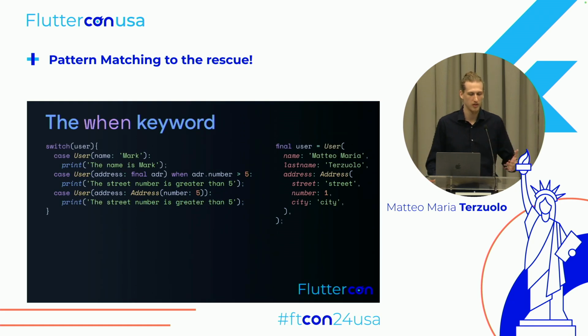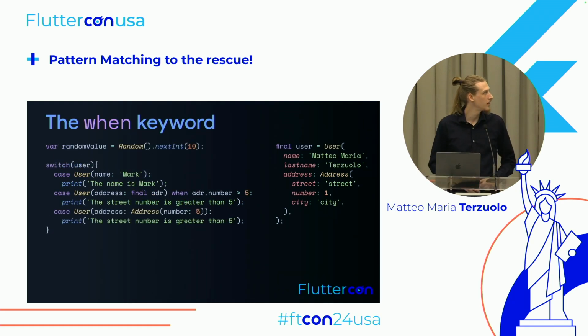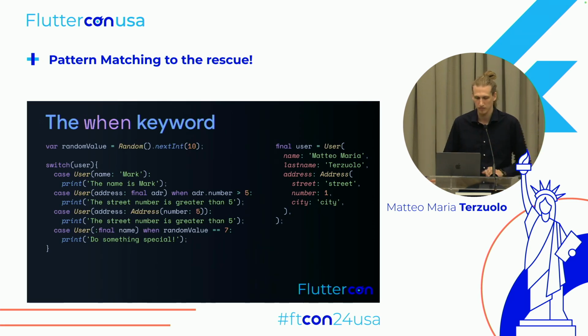So for example, if we add a random value variable inside our logic, we can do this. We get the name of the user, and only when the random value is equal to 7, we do something. So it's going to check both for the user and for that value that is outside our switch, because we are switching only on the user. Okay? Is everything clear? Okay, perfect.